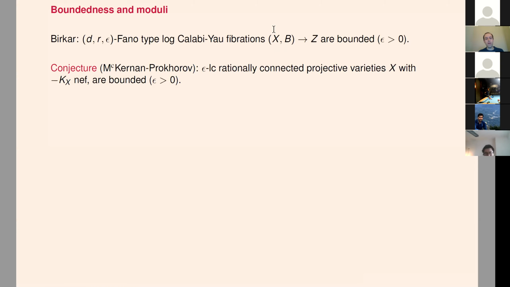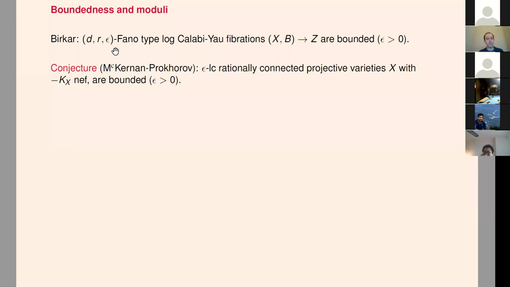Now, I talked about the boundedness of Fano varieties and the canonically polarized case, but if you have fibrations, like genuine fibrations, or even birational maps, for Calabi-Yau fibrations, you can still ask questions about boundedness.